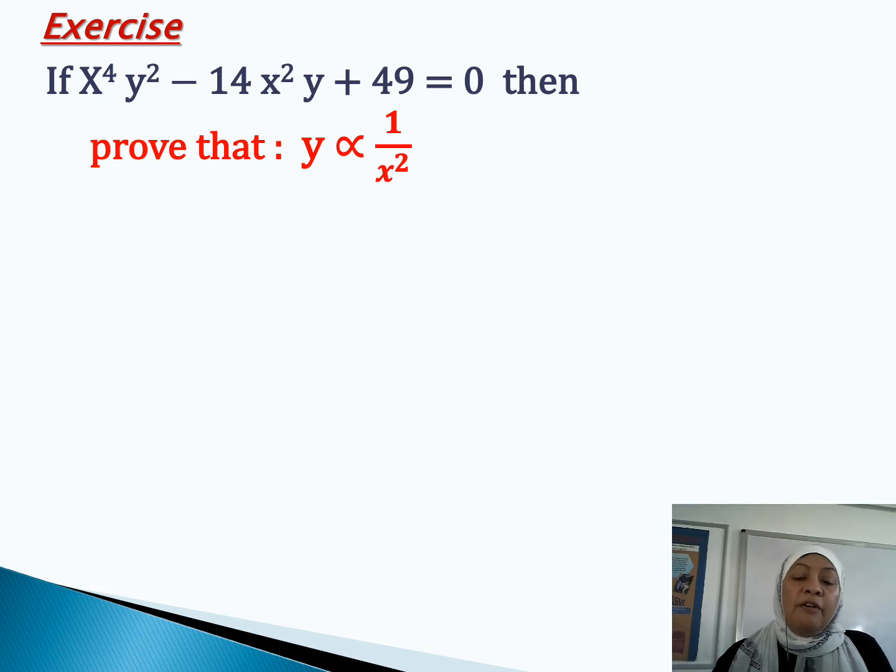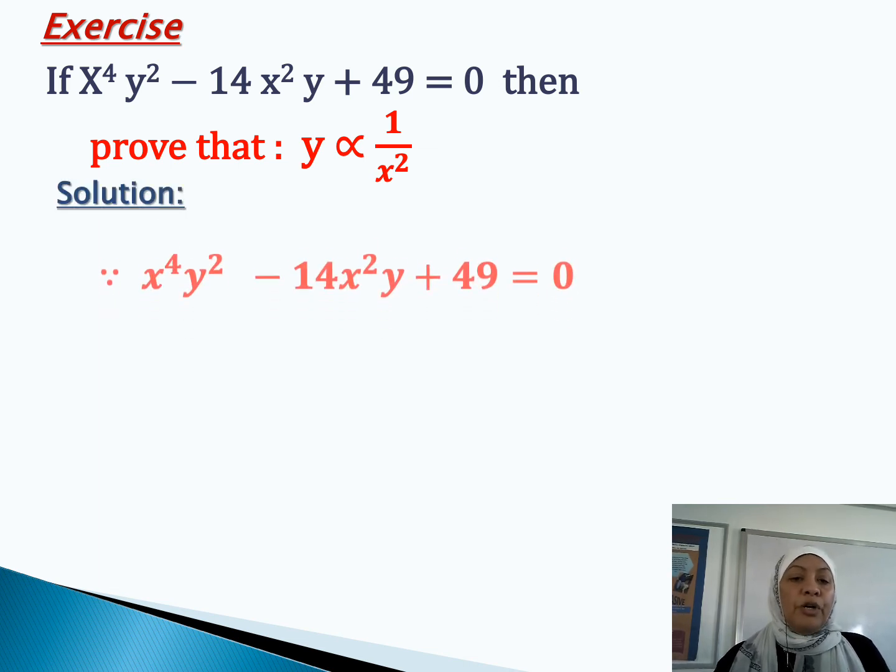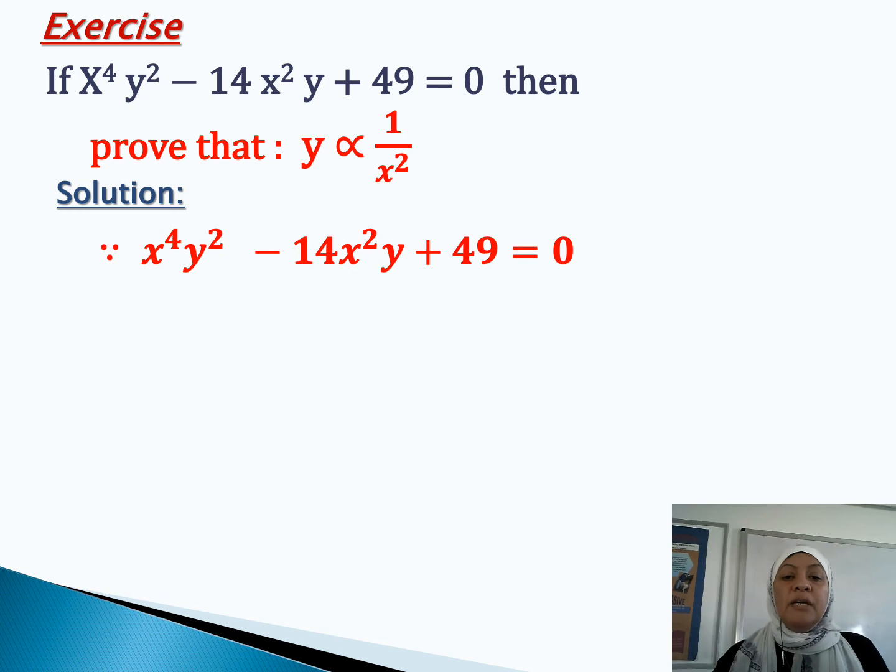Firstly, I have a trinomial expression like this, equal to 0. Then the first step here is to factorize my equation. I'm going to factorize it as a difference between two squares. How to factorize?